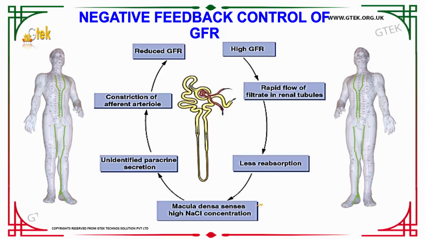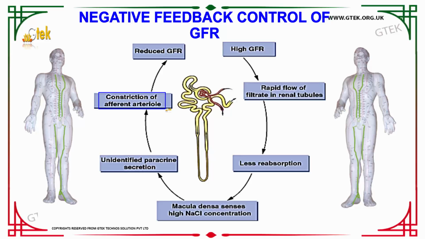In this case, your macula densa senses a high sodium chloride, NaCl, concentration in your filtrate, and it also senses an unidentified paracrine secretion. So we will be constricting the afferent arteriole.